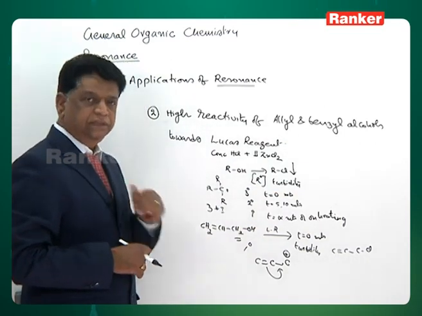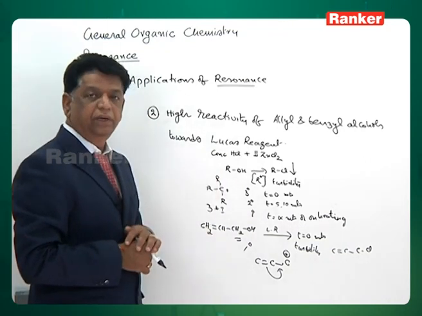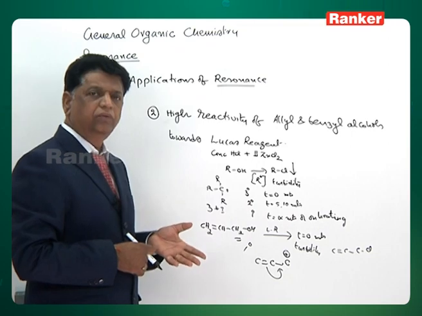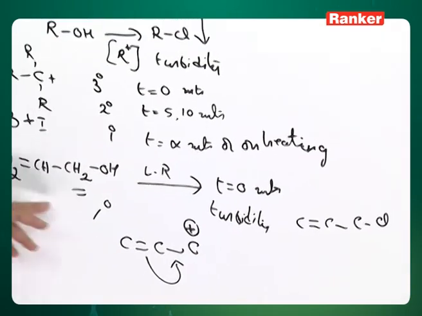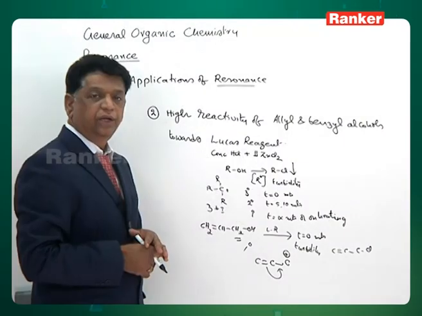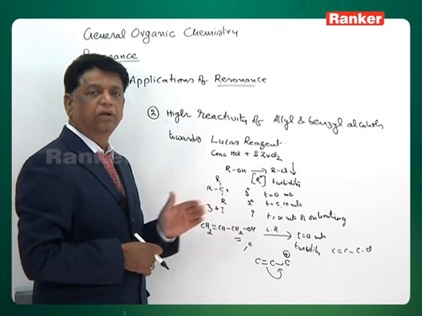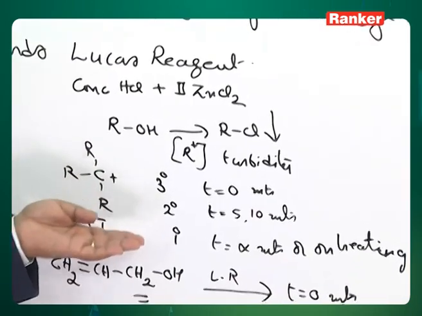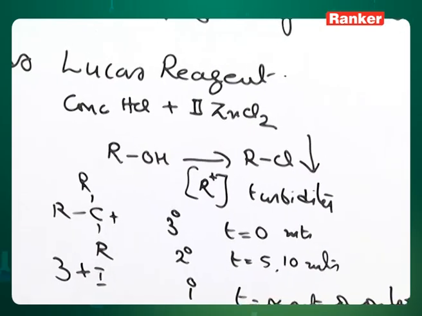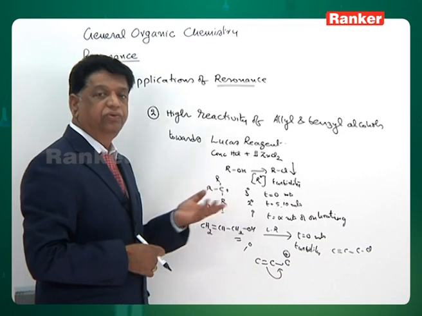So the question can be of one type: allyl alcohol gives fast turbidity, explain. Then you have to say that though it is a primary alcohol, it has stabilization of the intermediate. The question can also be: allyl alcohol is a primary alcohol. He himself says it is primary, and as per the general observation primary alcohol should give a delayed reaction, but it gives a faster reaction.